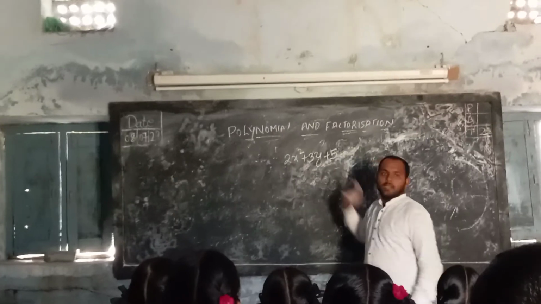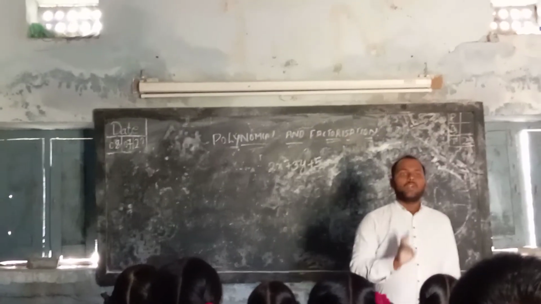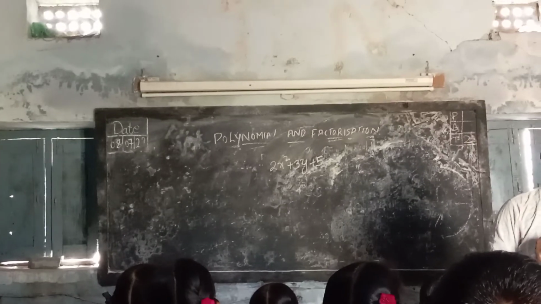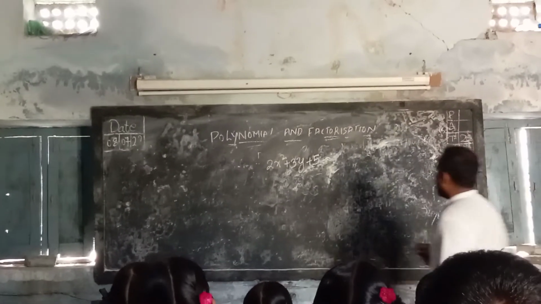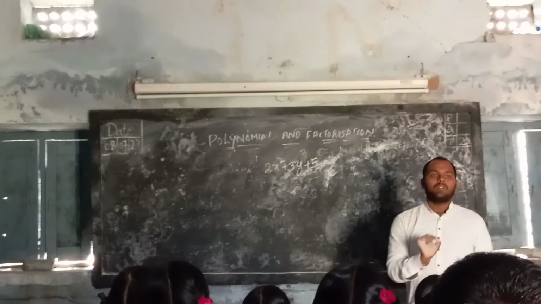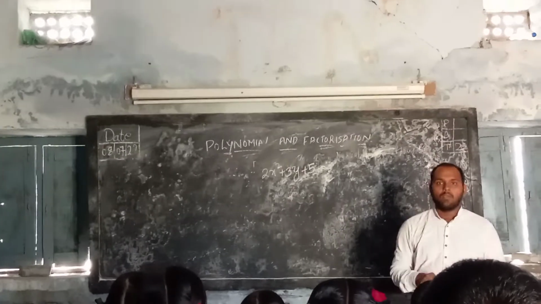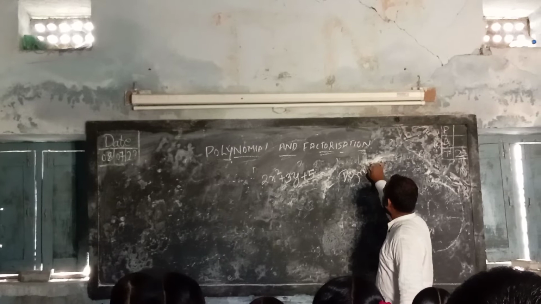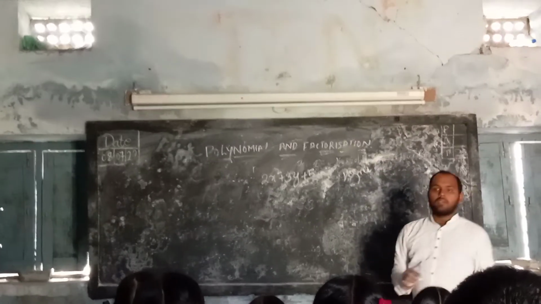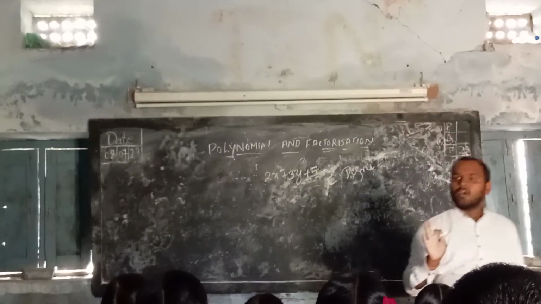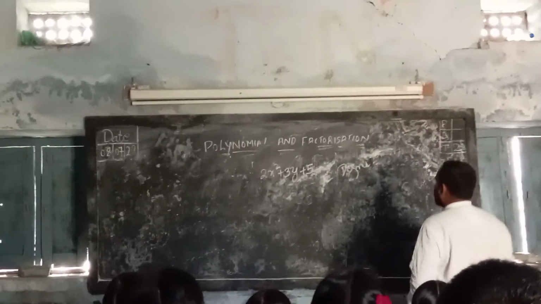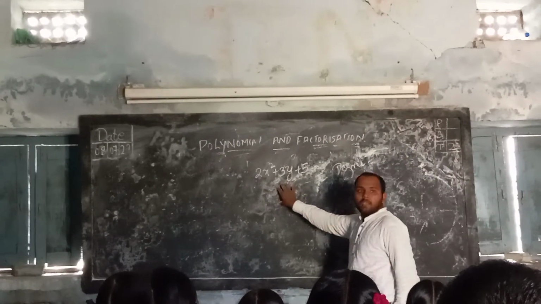In this expression, we have taken 2 different variables, but we have to find the degree of this polynomial. So what is the degree of this polynomial? What is the degree? 3. 3 is the wrong answer. 2 is the right answer. 3 is the coefficient of y.